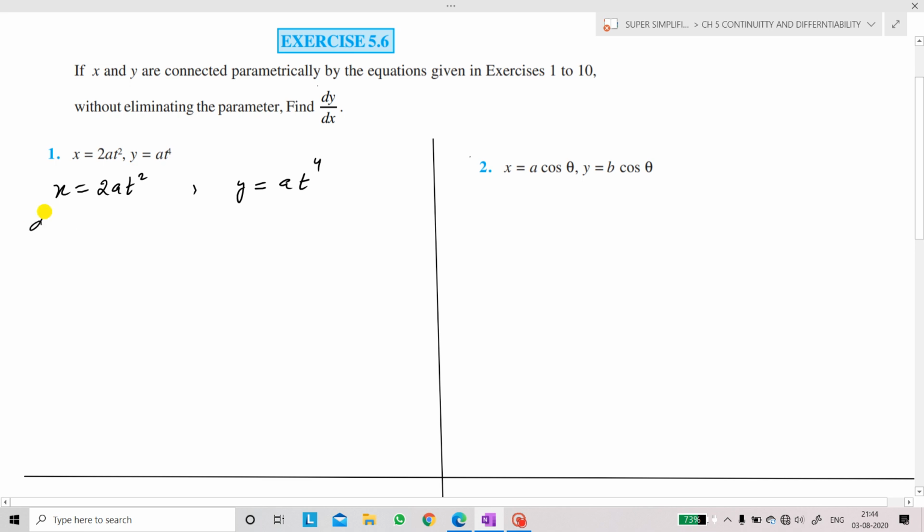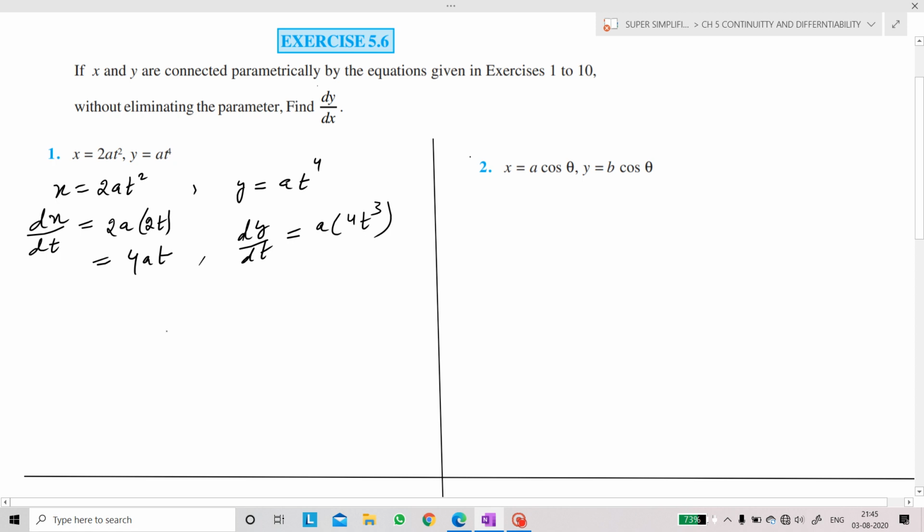Now I have to find the derivative of x with respect to t. It will be 2a, a is a constant, and the derivative of t square is 2t, so this is 4at. Similarly we find dy by dt, that is, differentiation of the second equation with respect to t. So a is a constant, and the derivative of t^4 will be 4t cube.